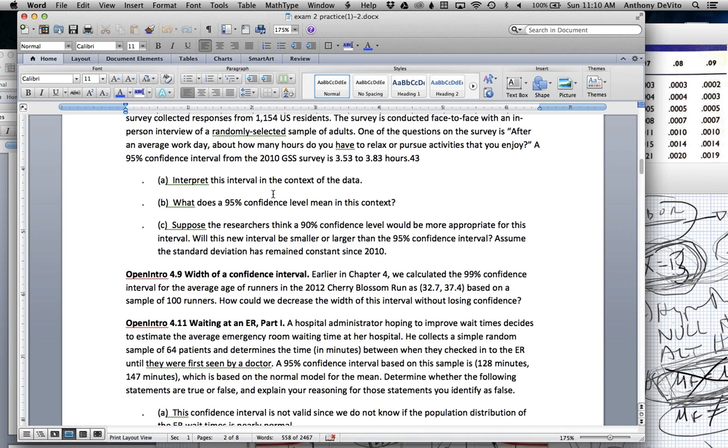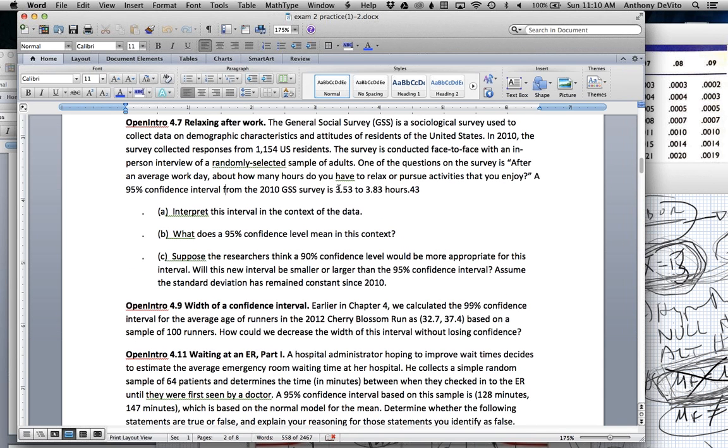Okay, so in terms of the data, basically what this says is that the mean from their study was somewhere between 3.53 and 3.83. Actually, it's going to be right in the middle between those two, the mean that they found in their study.